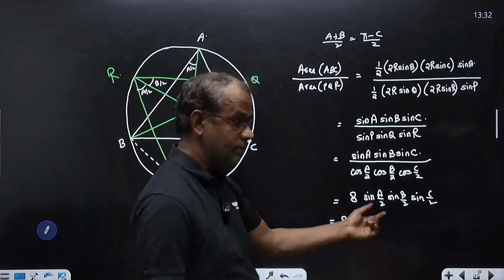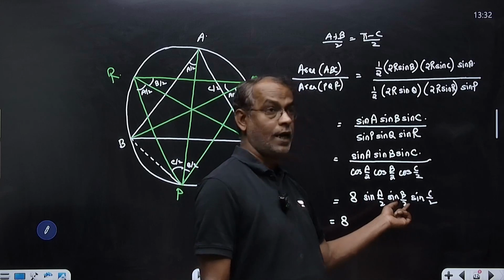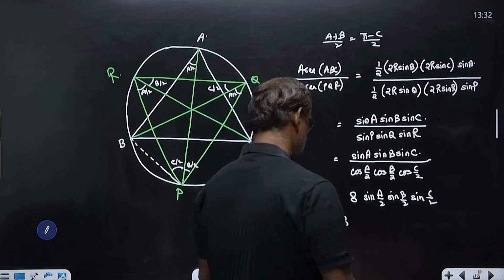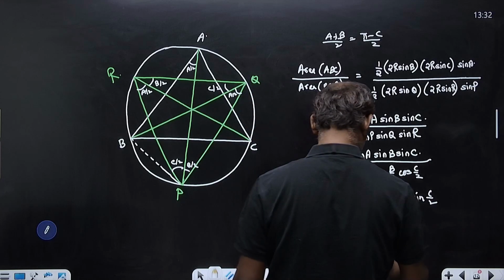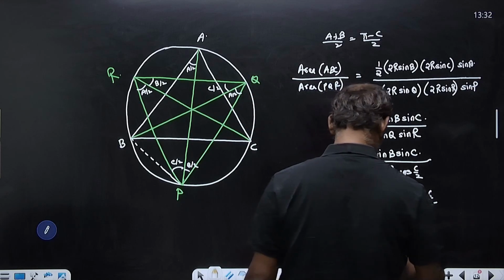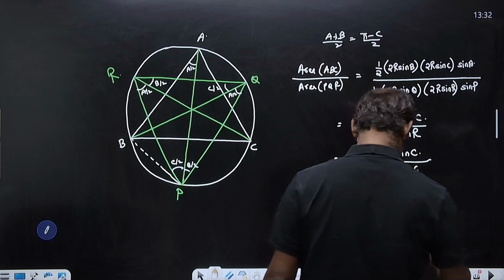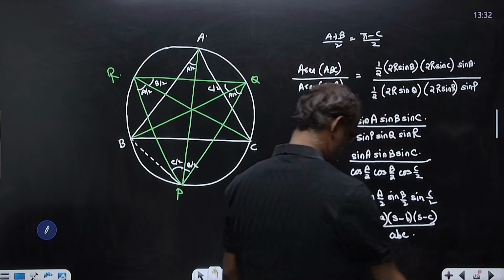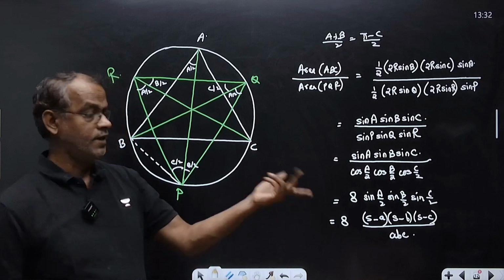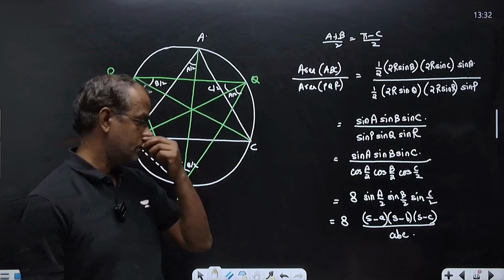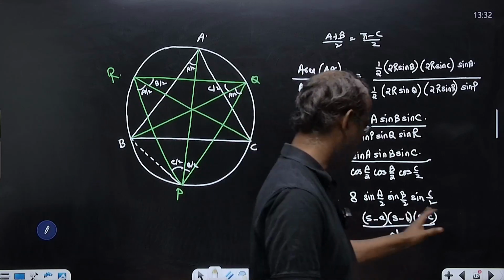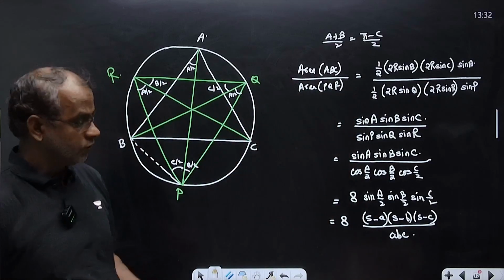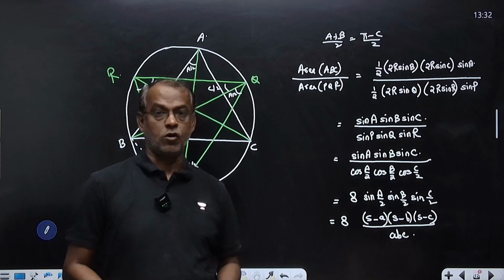So, S minus B, S minus C, S minus C, S minus A, S minus A, S minus B. I can give you sides of a triangle as say 3, 4, 5 or something like that. What is this ratio? So, I think you can very easily solve it.